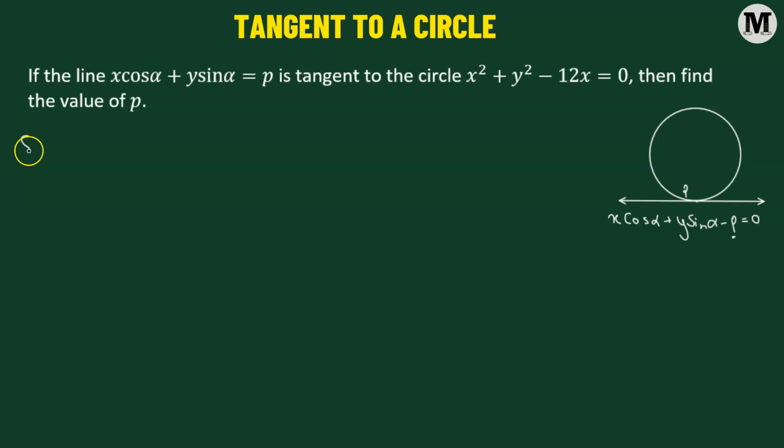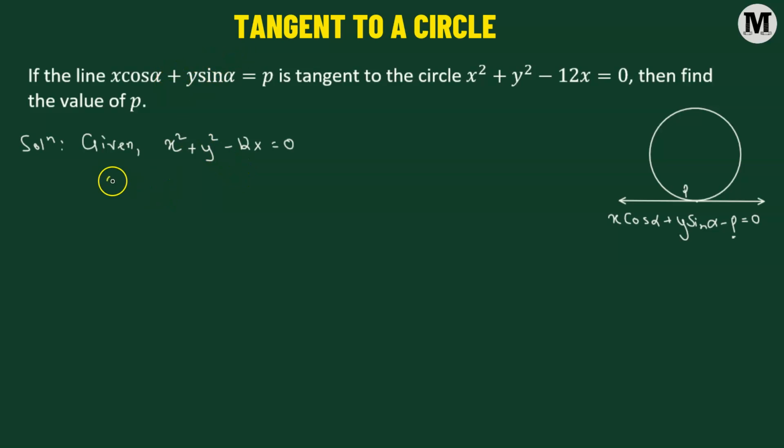So let's begin. Here we will consider the equation of the circle. We have x squared plus y squared minus 12x equals 0. From this given equation of the circle, we will try to find the radius as well as the coordinates of the center.